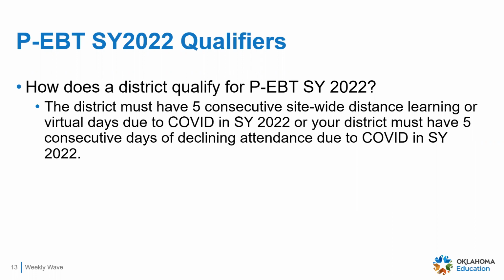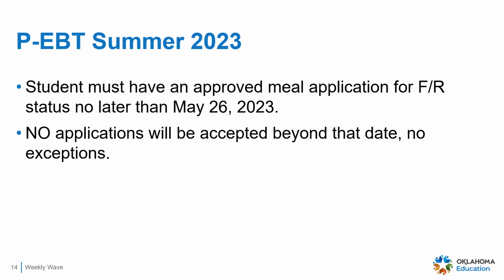And summer PEBT must have an approved meal application for free and reduced status no later than May 26th. So no applications beyond that date will be accepted, no exceptions.